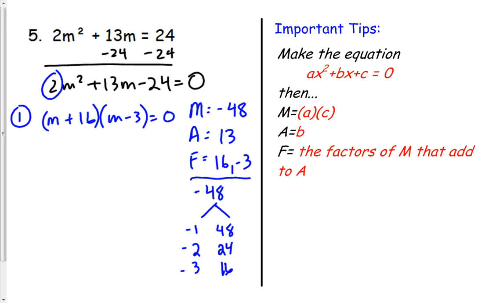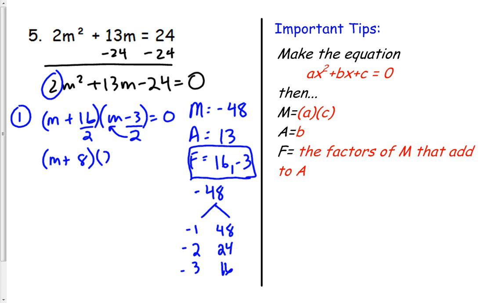So all I did was take the F values, and I said m plus 16 and m minus 3. What I've got to remember is that I have a lead coefficient of 2. So I have to divide both of those numbers by 2. From here, if it's reducible, you reduce it. If it's not reducible, like negative 3 over 2 is not reducible, you move the number in front.